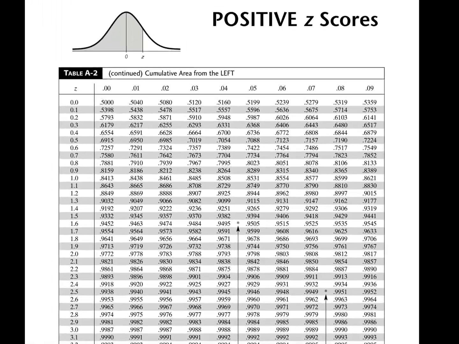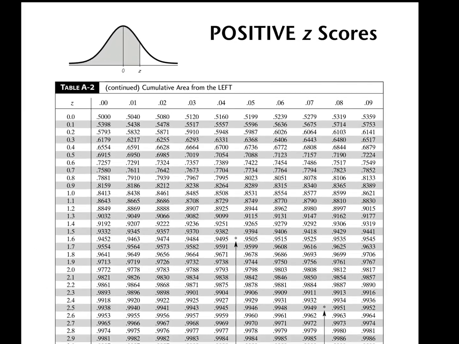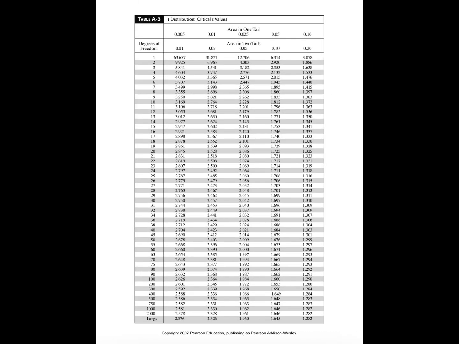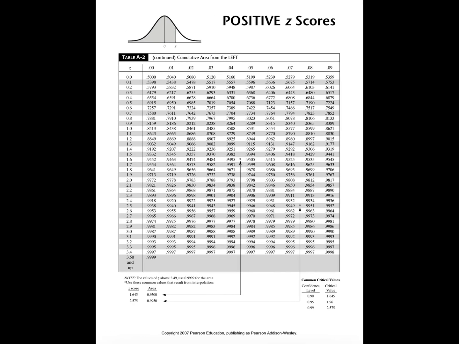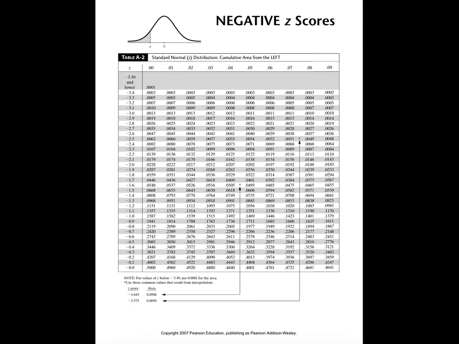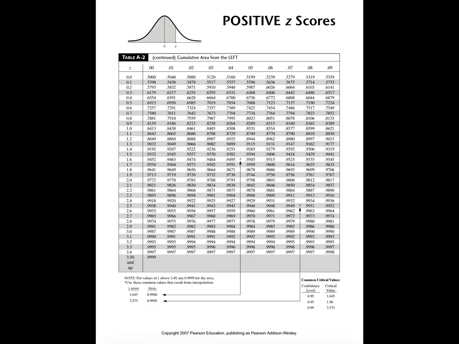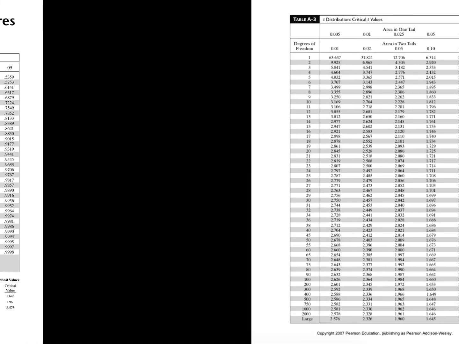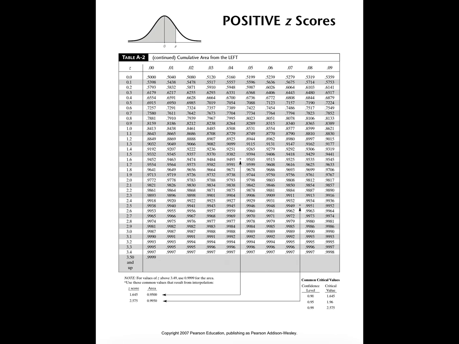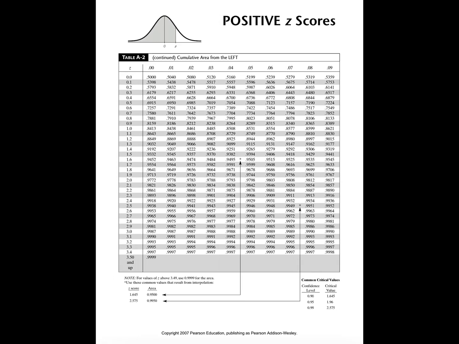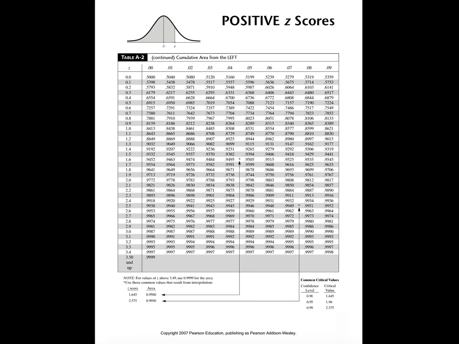So let me show you how to look that up. I know I'm dealing with a positive z-score, 1.62, so I have to go to my positive table. And how do I look up 1.62? Let's see. Can I write on this?